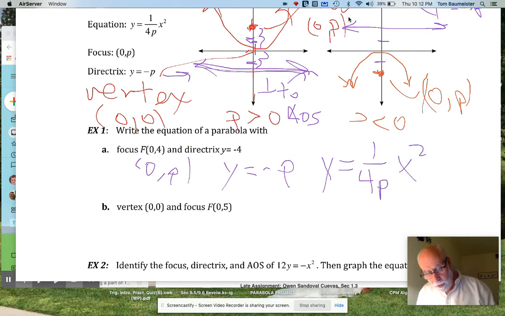Well, I just told you our p on this one is equal to 4. So we'll have y is equal to 1 over 16, because 4 times 4 is 16. And then we'll have x squared.